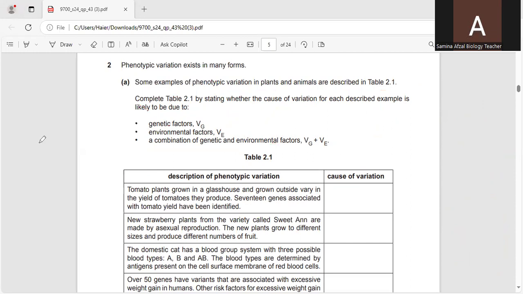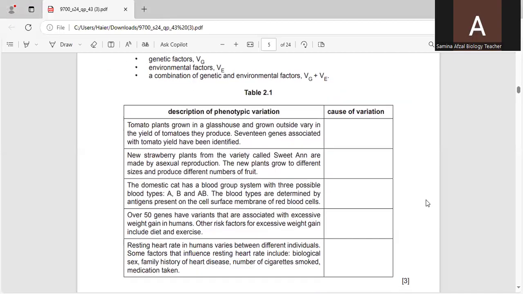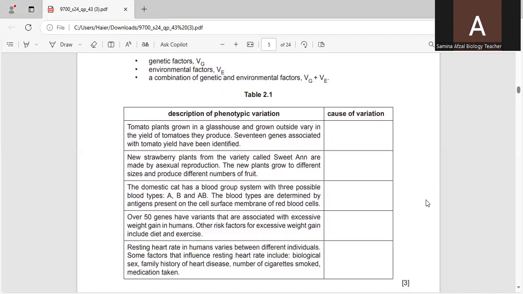Complete table 2.1 by stating whether the cause of variation for each described example is likely to be due to a genetic factor, VG, an environmental factor, VE, or a combination of genetic and environmental factors, VG and VE. So we are going to read all these and we will mention.